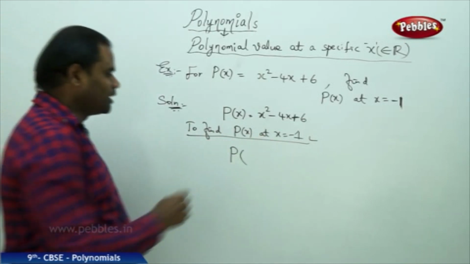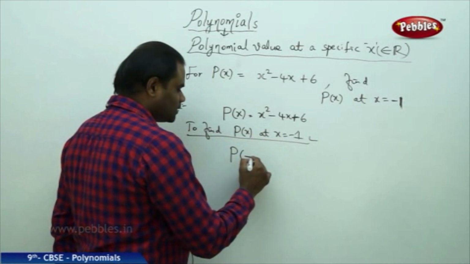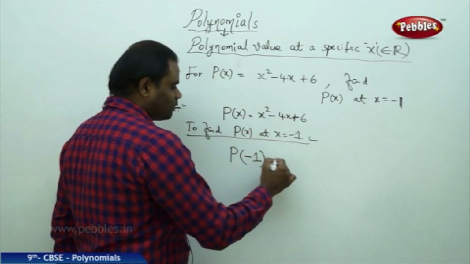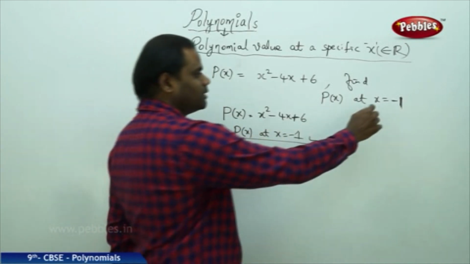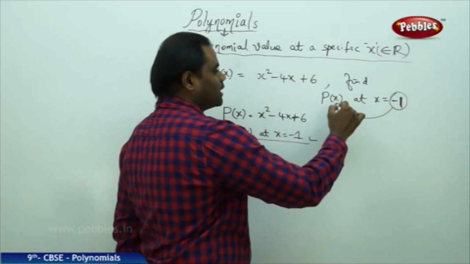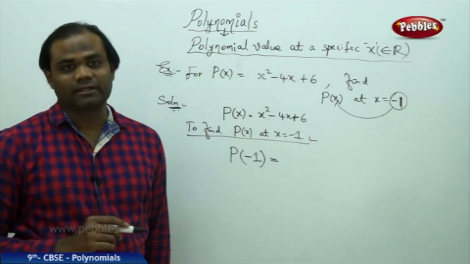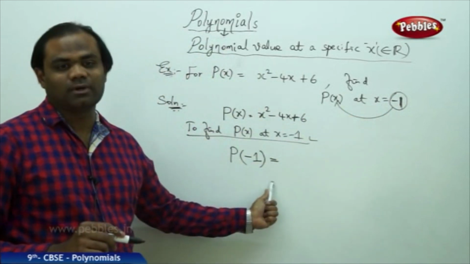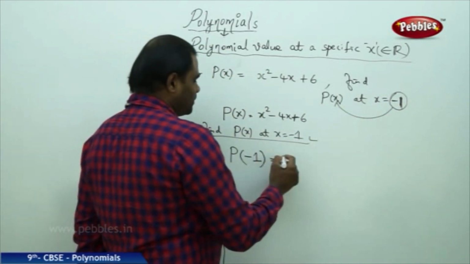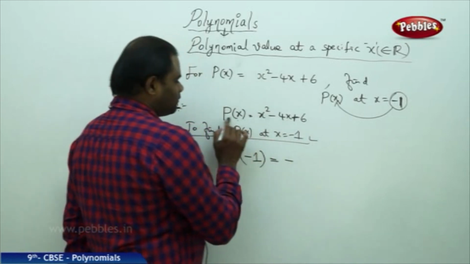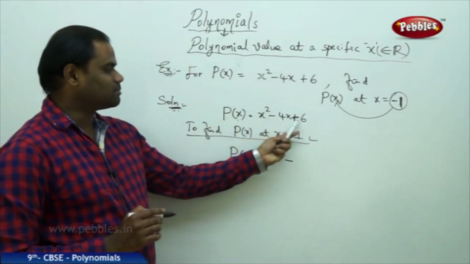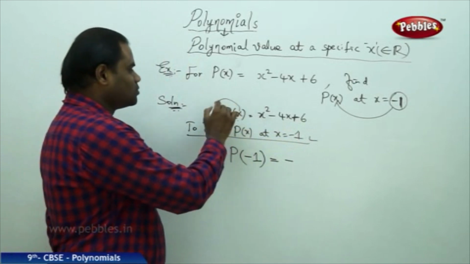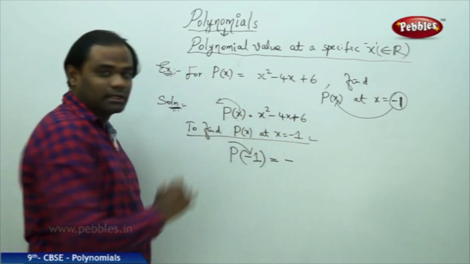The notation for finding p of x at x equal to minus 1 is p of minus 1, because this value of x gets replaced with x, and therefore p of x changes to p of minus 1. And p of minus 1 is p of x, being x squared minus 4x plus 6, when x is moved out and minus 1 is moved in.